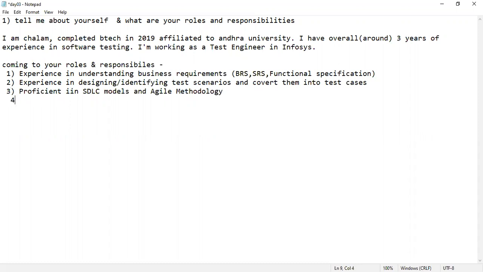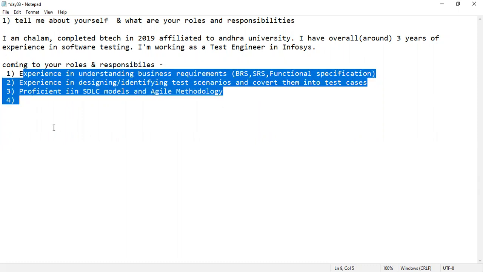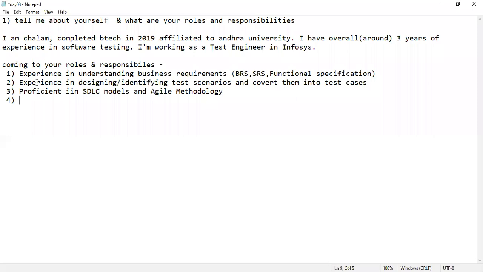Next, the fourth point, because these are all your roles and responsibilities. Daily you are working on these roles. The fourth one, experience in performing or conducting functional testing or manual testing by using software test design techniques.